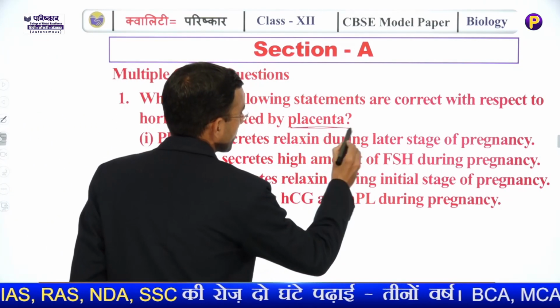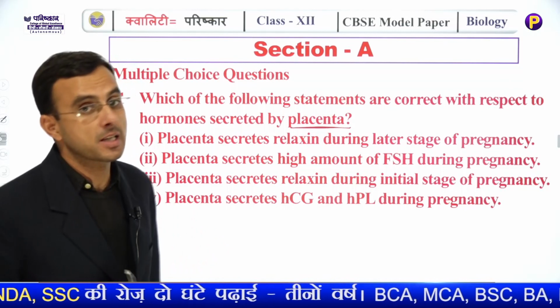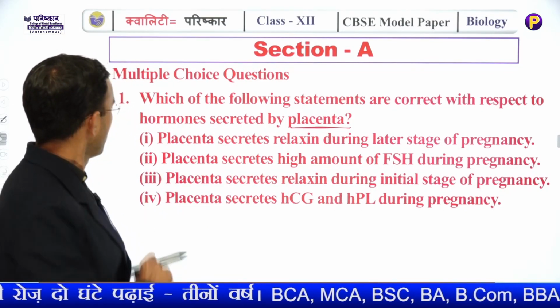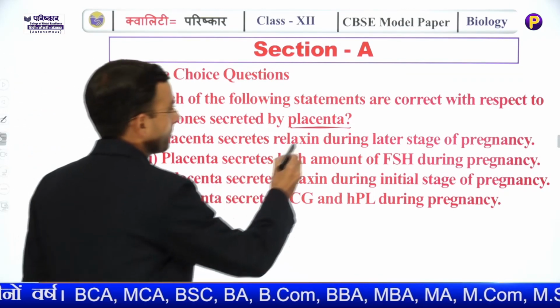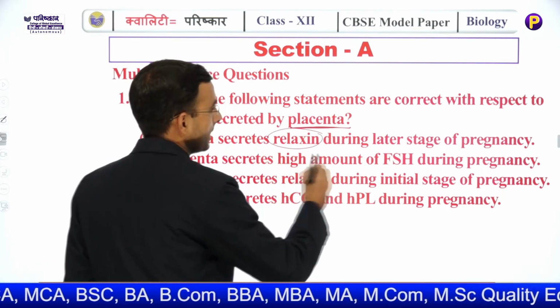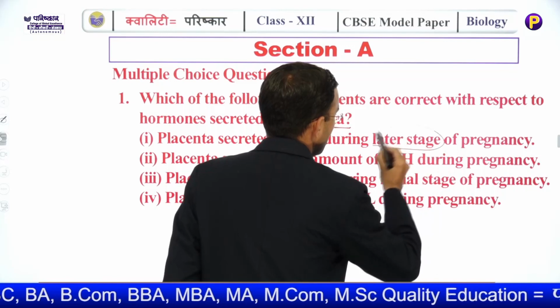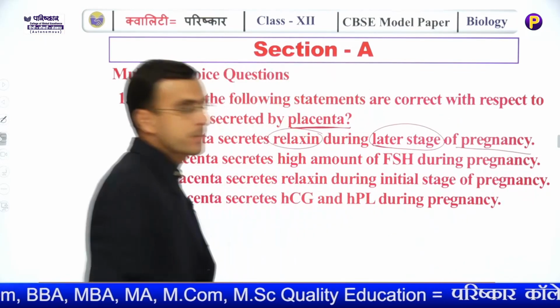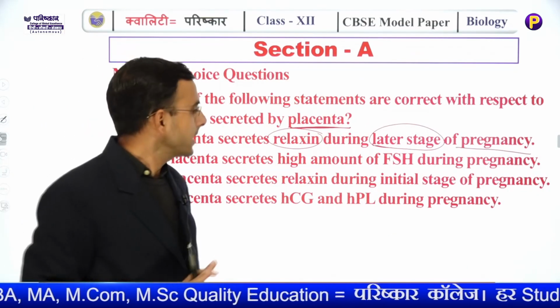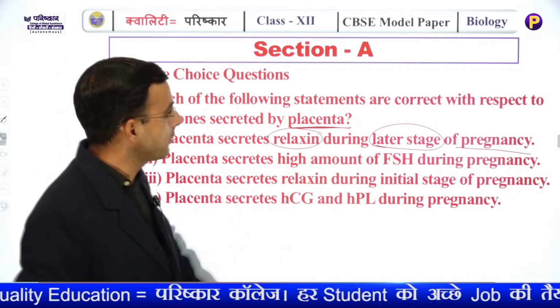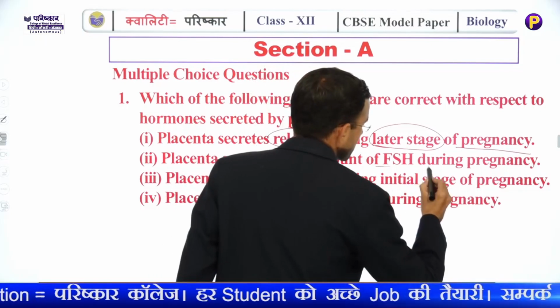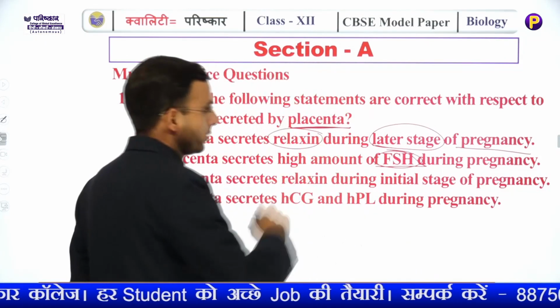Look at this one, the hormones which are secreted by the placenta. Now look at the first option: placenta secretes relaxin hormone in the later stage of pregnancy. We will see what its role is. Second option: placenta secretes a high amount of follicle stimulating hormone during pregnancy.